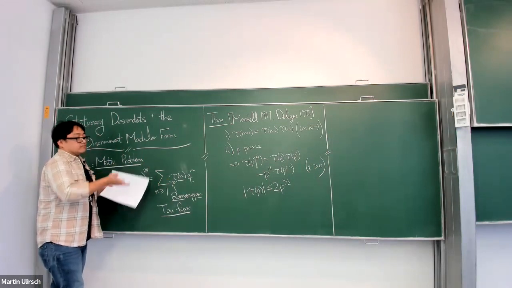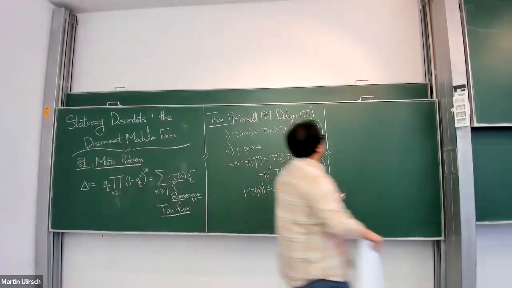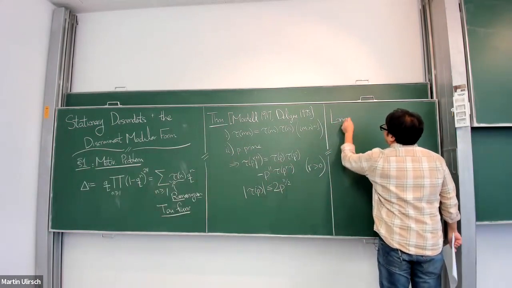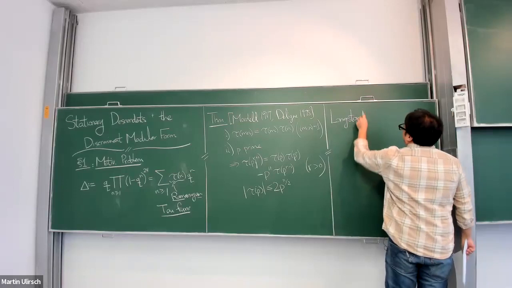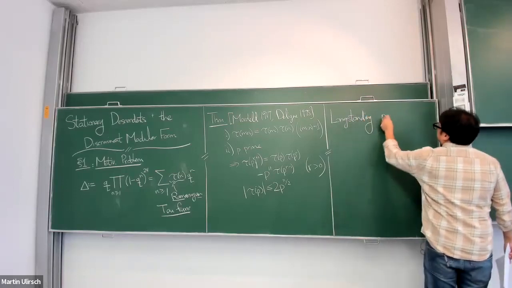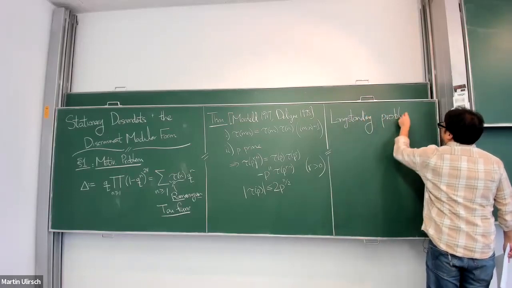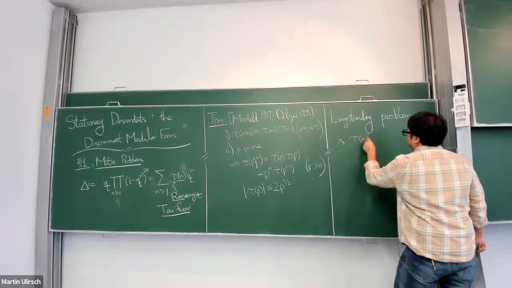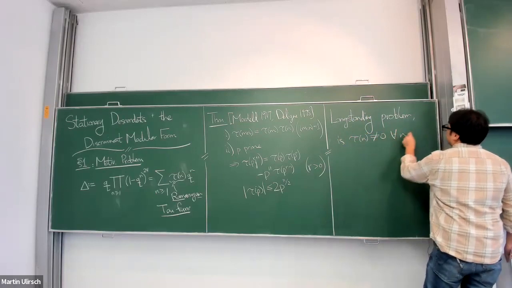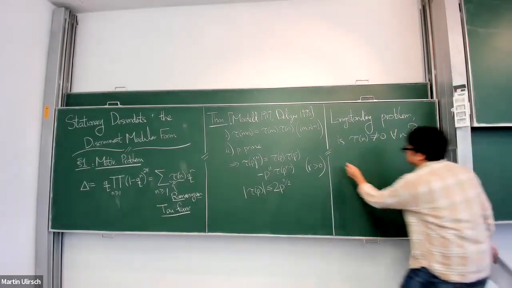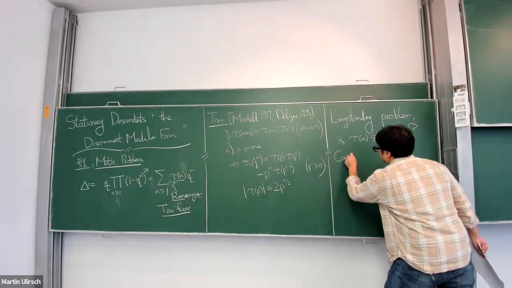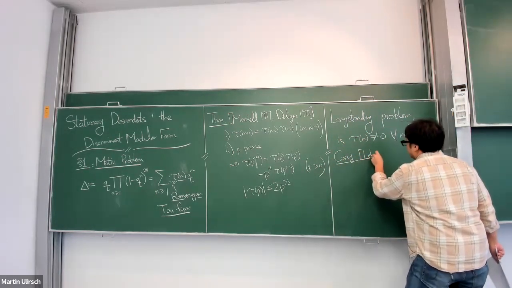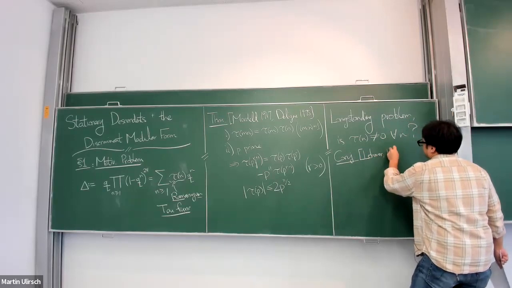So he guessed that maybe it never vanishes. The first person to claim that it might be was Lehmer in 1947, and this is still open, one long-standing problem.